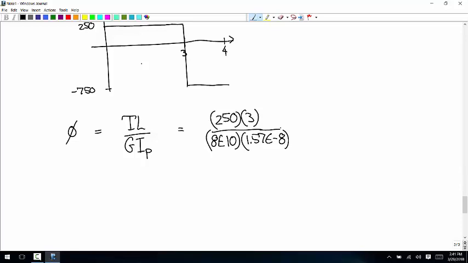And could someone calculate that? 0.597 radians, which is a pretty big angle.